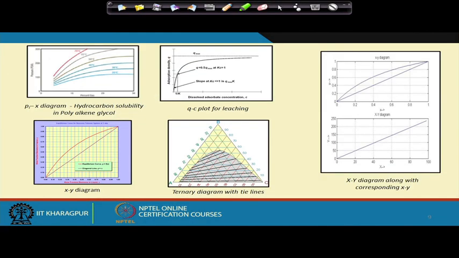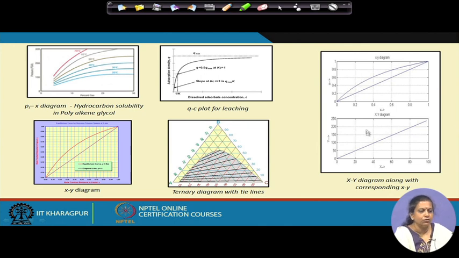These phase diagrams are denoted either in terms of mole fractions, like we have already seen in distillation, or in mole ratio. The advantage is immediately evident: while we have a curved XY relationship, we have a linear mole ratio relationship. They can also be denoted by partial pressure as a function of mole fraction.